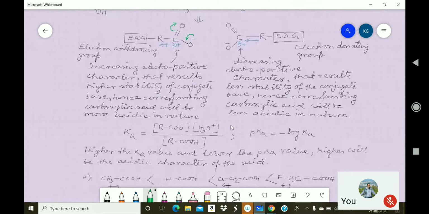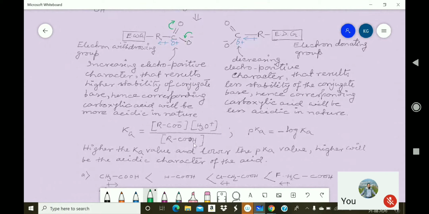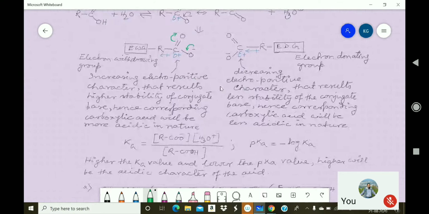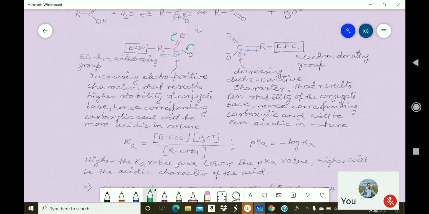And therefore, in another way, if we want to discuss the acidic nature, we can explain through the ionization constant of the carboxylic acid. Here is the equation for the ionization constant of the carboxylic acid. Here in the numerator, the concentration of the carboxylate ion and the hydronium ion, and in the denominator, the concentration of the carboxylic acid.